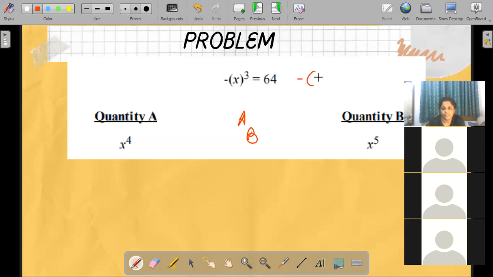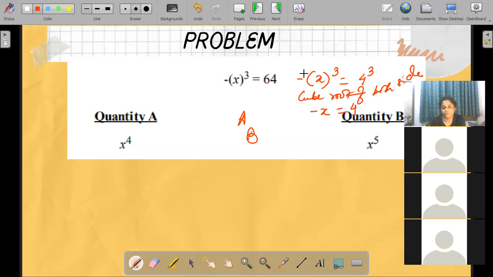Let me write minus of x cube is equal to 4 cubed, right? Now taking the cube root of both sides. This you're not going to write on your exam day. This is just for explanation. So that gives you minus of x is equal to 4.